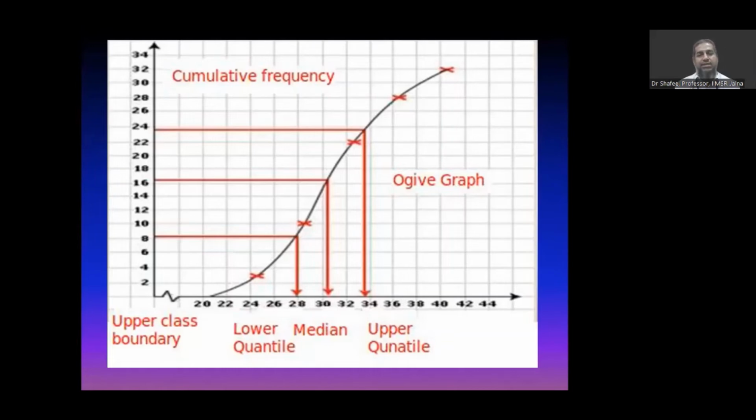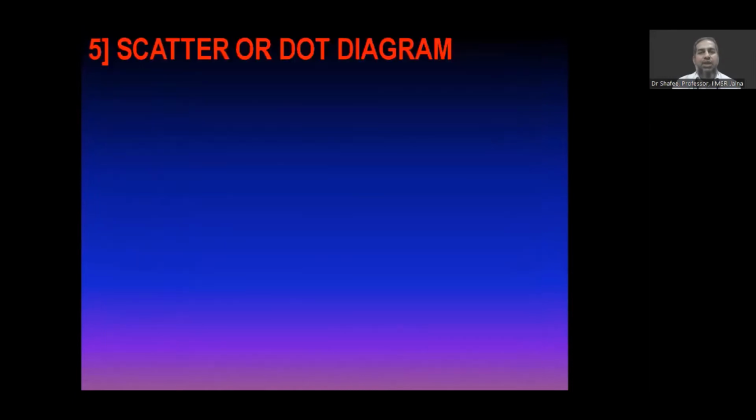So at the 30 point, the cumulative frequency will be 8 plus 16, that is 24. At 34, the cumulative frequency will be 24 plus 24, that is 48. Like this, you need to add the frequency of each class to the other classes and combine them, and you get the cumulative frequency, and from that we prepare the Ogive graph.